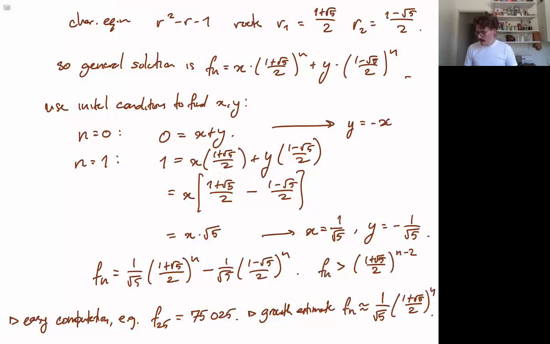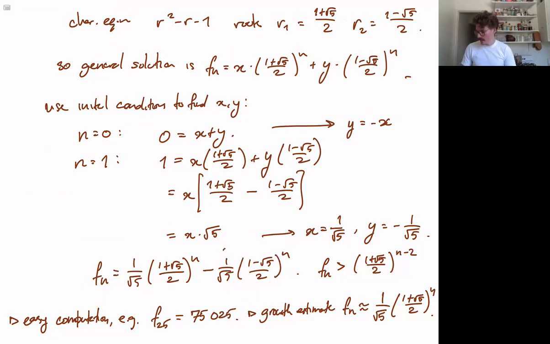And this is because this little guy is bigger than 1. So as n increases, it's going to grow exponentially. This term is smaller than 1. It's between 0 and 1. No, it might be between -1 and 0. But in any case, the absolute value is less than 1. So this term is going to shrink to 0 as n increases.